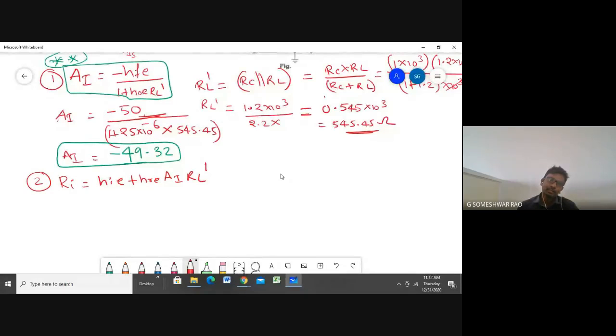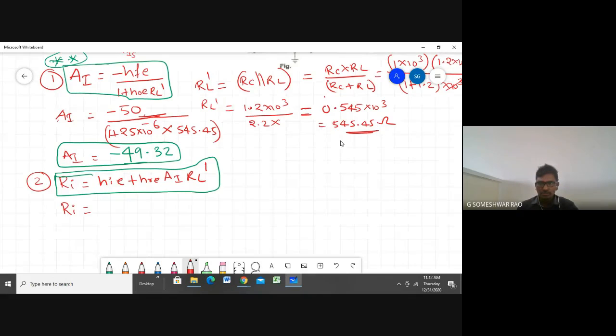Correct me if I am wrong, have I written this formula correctly? Yes or no? Yes, sir. The formula is correct.